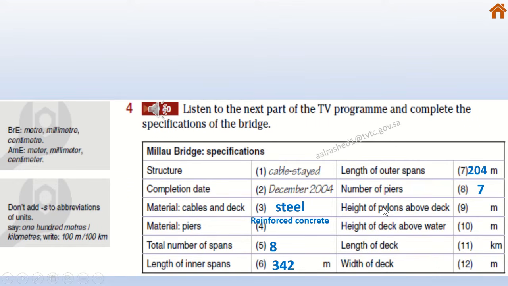The height of pylons above deck 90. The height of deck above water. Above means فوق. Length of deck. Length again. This is the length. Height. Length. 2.46. And finally, the width of deck is 32.